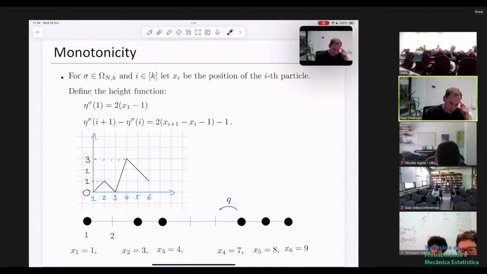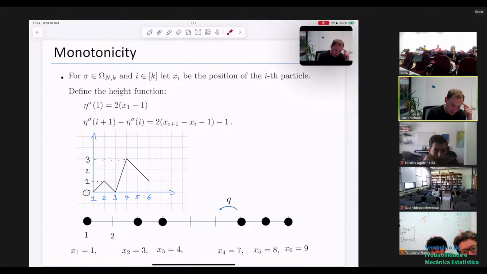So first, we're now considering just the facilitated exclusion process on the closed interval. And I'm going to define this height function for any configuration of the facilitated exclusion process, whether it be on the ergodic component or not.